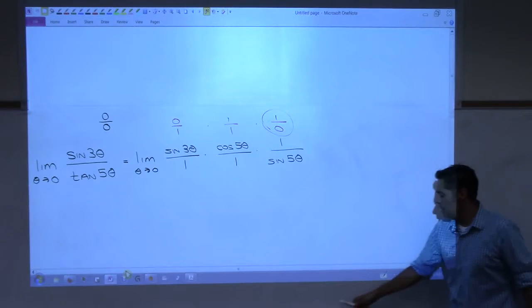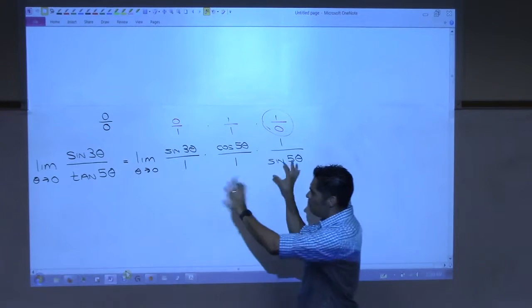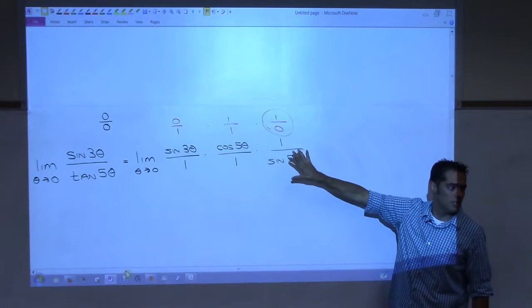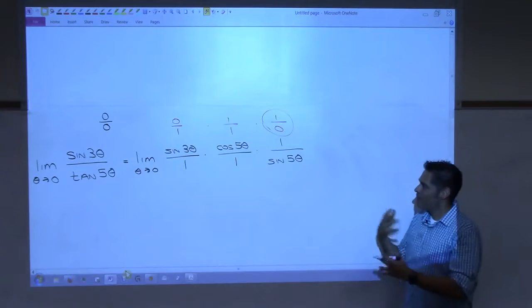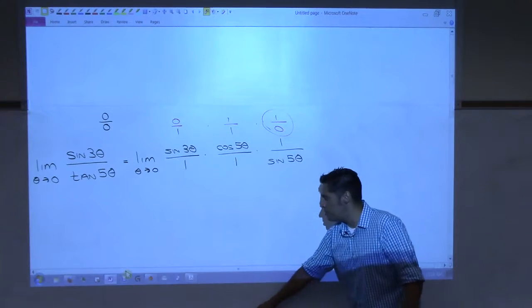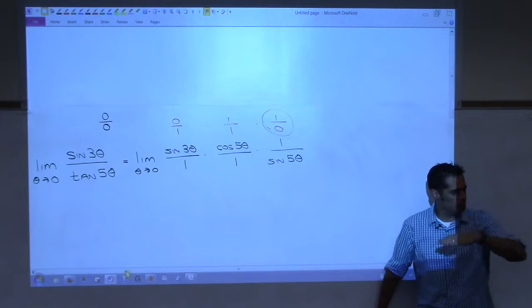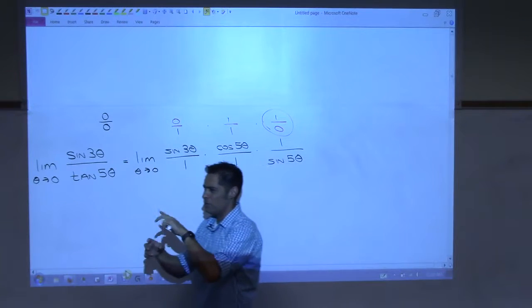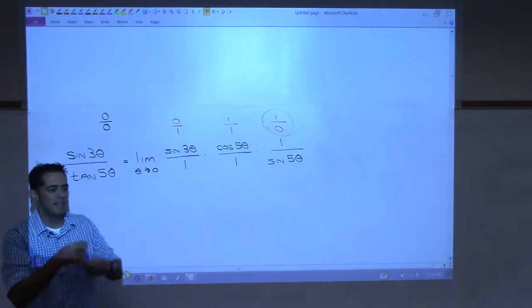So what we want to do when we peel it apart is look for the part that's causing the issue. This is the part that's causing the issue. So I need to somehow reconcile the problem. And to do that, I use that sine of junk over junk idea against itself. Because I know that anytime I see sine of junk over junk, when that happens, that limit goes to 1.